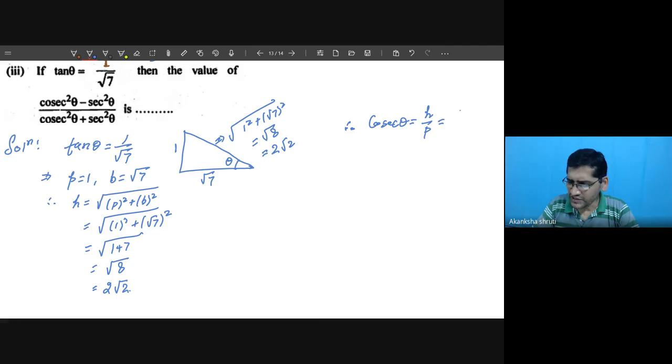Here the hypotenuse is our 2 root 2, but p for the theta is our 1. Then another one is sec of theta. It is given by h by b. For this angle theta, our h is 2 root 2 and our b is here under root of 7.